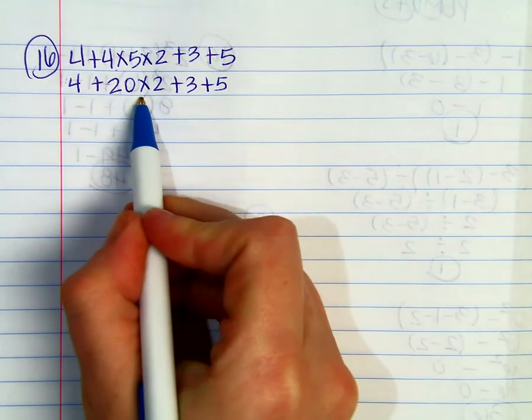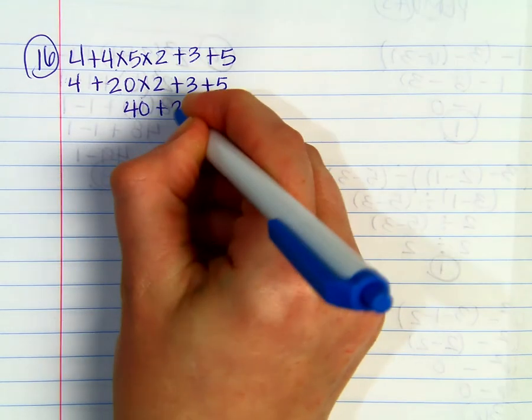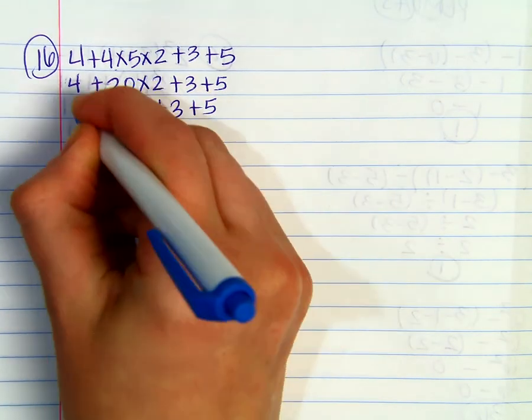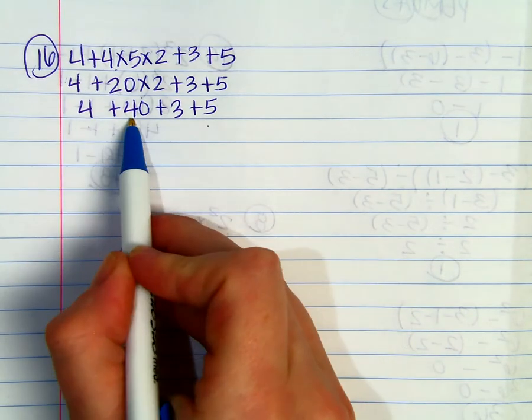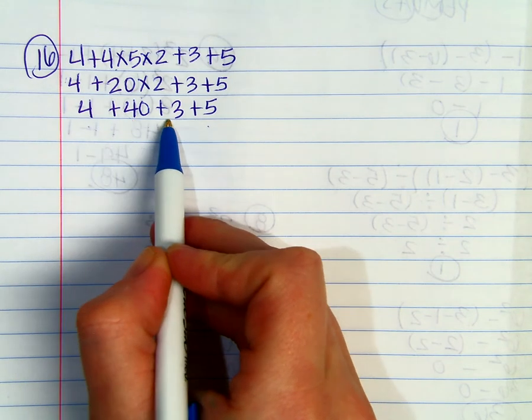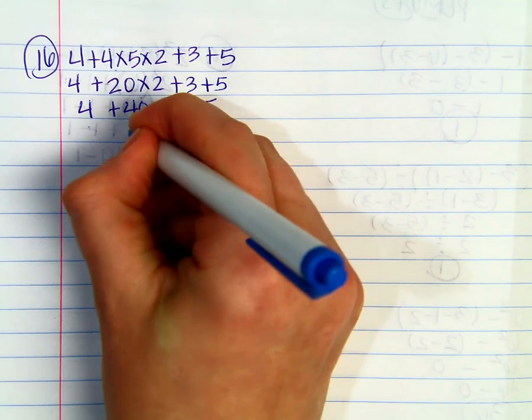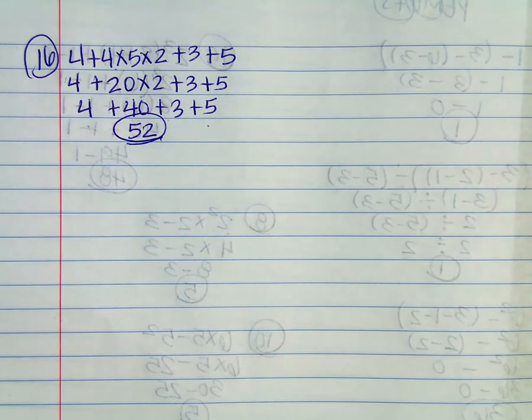You still have multiplication here, 20 times 2, which is going to give you 40, bringing everything else down. All that's left is addition, so we'll do that all in one step. 4 plus 40 is 44. 44 plus 3 would be 47, and 47 plus 5 would give us our final answer of 52.